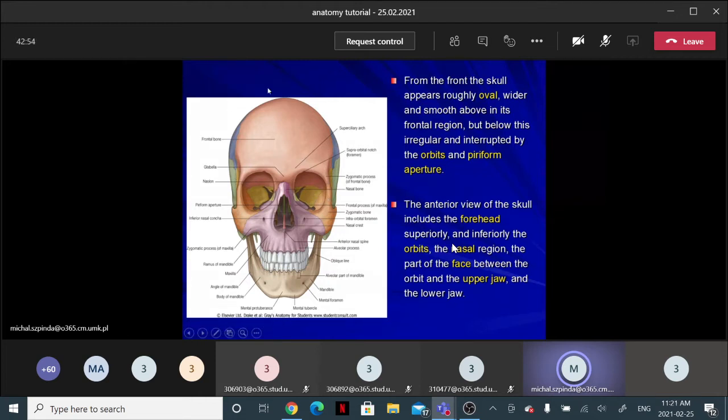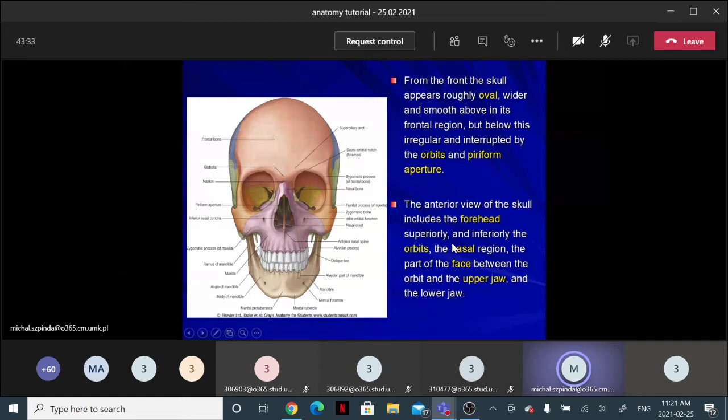And here is the anterior aspect of the skull. The superior 2/5 are responsible for the forehead. The next 2/5 refer to the middle part of the anterior aspect, which is very difficult because it has 3 big openings.